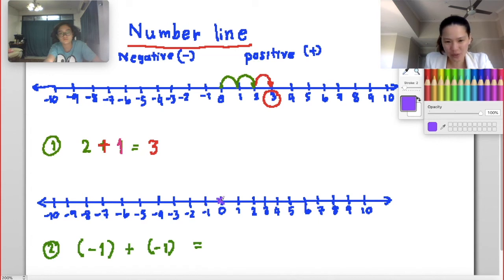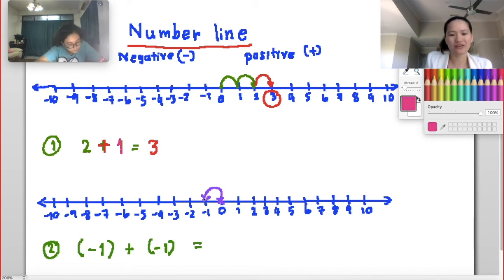We start with 0 here, and you go minus 1. Minus, negative, means that you go to the left side, yeah? Left, minus 1, so you go minus 1 here. And then if they plus minus 1, that means they have another minus 1.